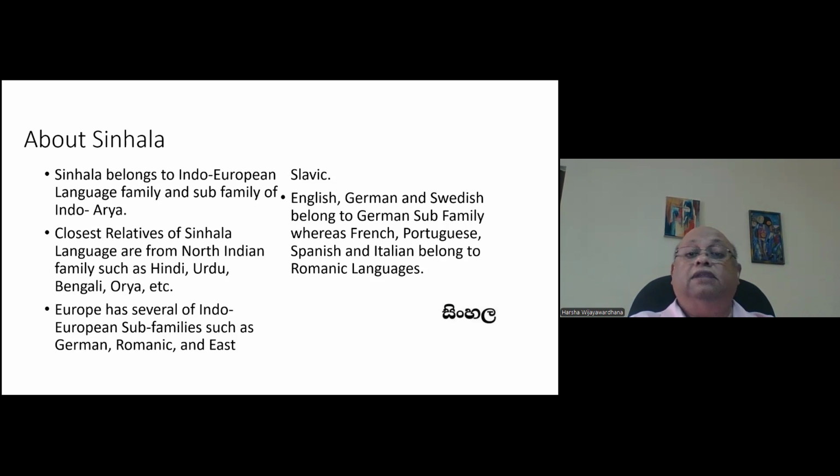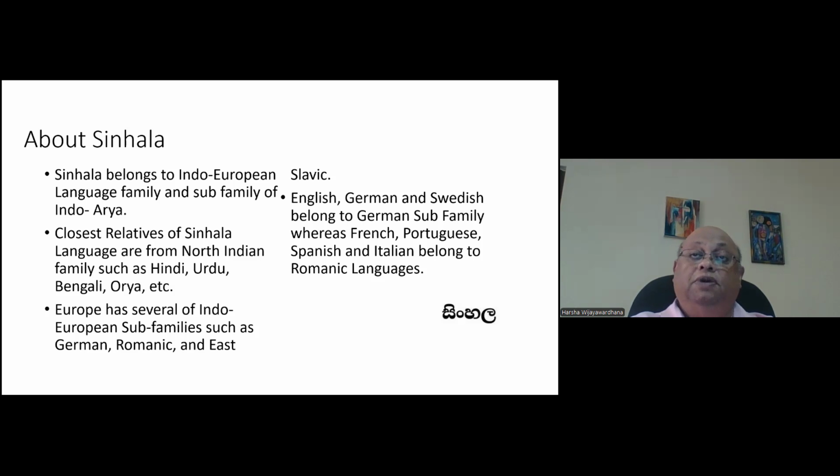First, a little bit about Sinhala. Sinhala belongs to the Indo-European language family and a subfamily of Indo-Aryan. If you take the Indo-European language family, English and German have many subfamilies in here.